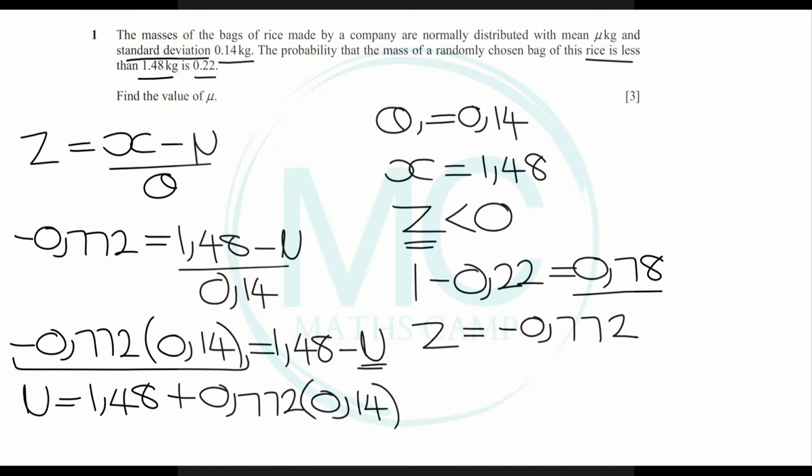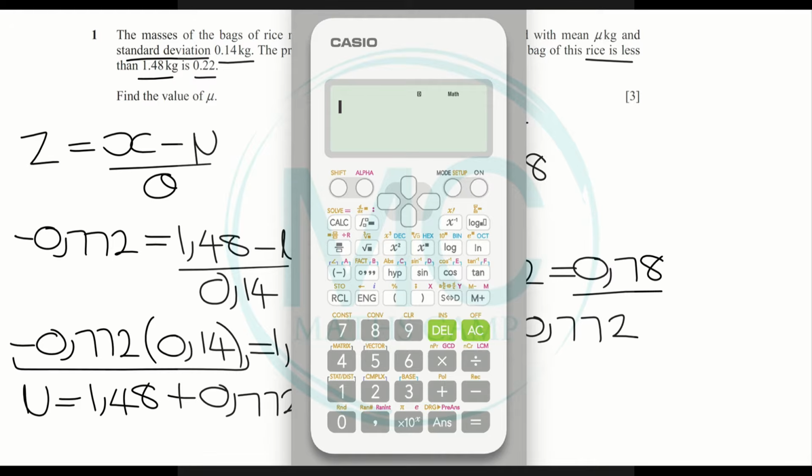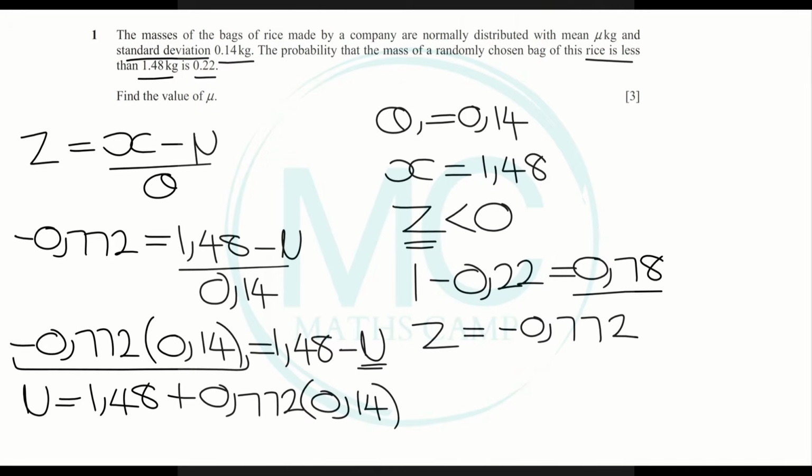Now I can put this into my calculator. 1.48 plus 0.772 multiplied by 0.14 is equal to 1.588. All of the values we've been given are to 2 decimal places. So we need to leave our value for mu to 2 decimal places. And we can see that mu is equal to 1.59.